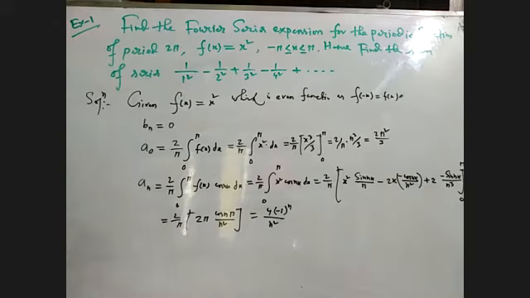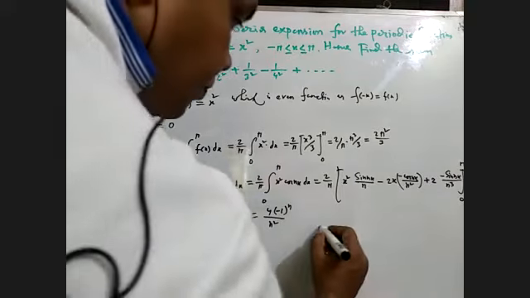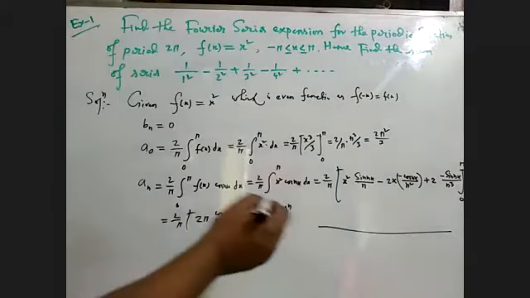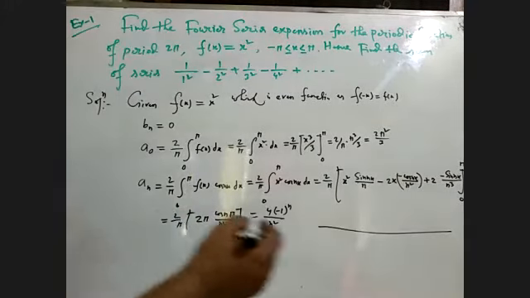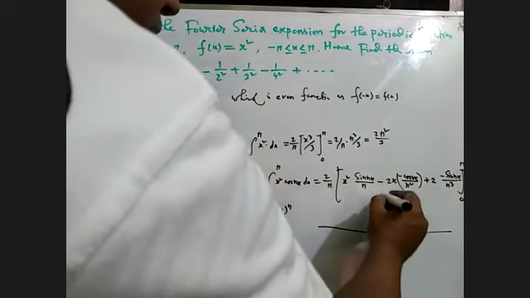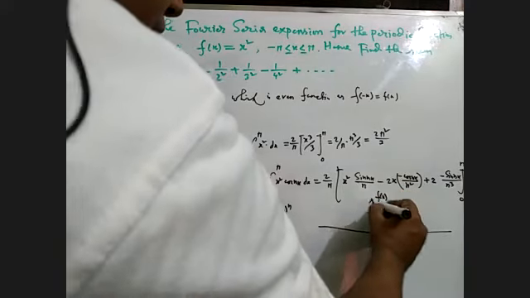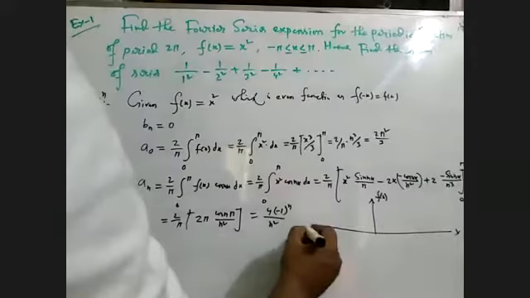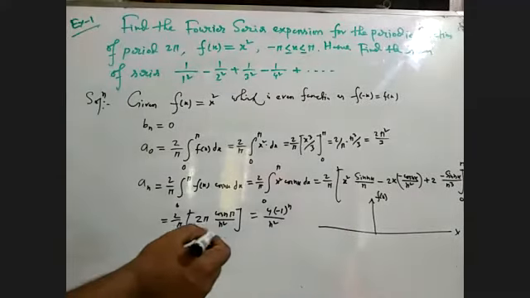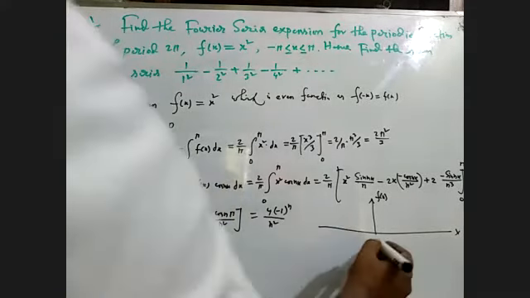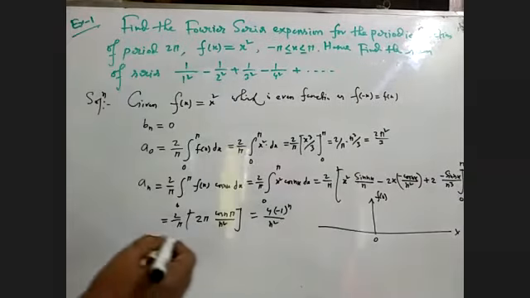Actually, you can plot this for different values of n. Suppose this is the f of x, and this is the x-axis, and this is the negative part of the x-axis, and this is the origin 0.